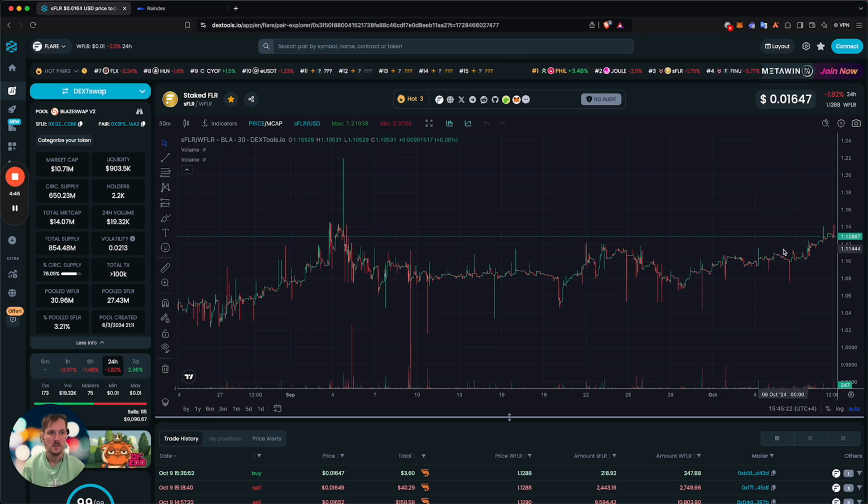It should sell the staked flare during the trends and these spikes, and then it should buy back when we have these downward trends or these momentary spikes downwards, which would represent a larger holder selling their staked flare into the wrapped flare, probably because they don't want to wait to unstake. That's the most likely reason.